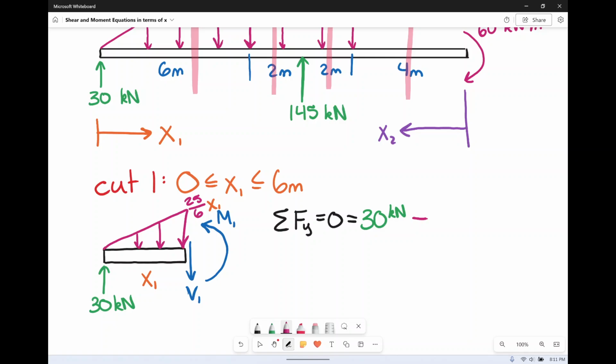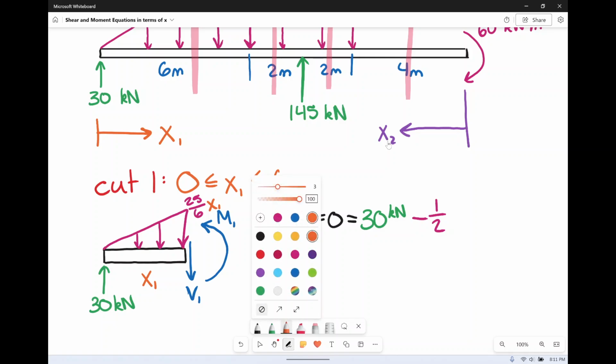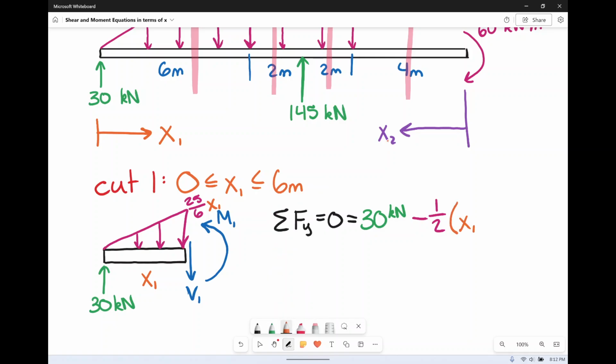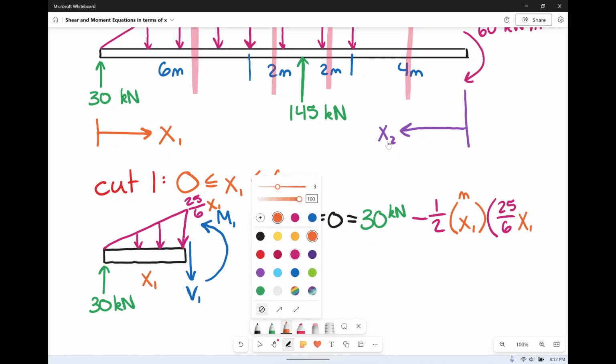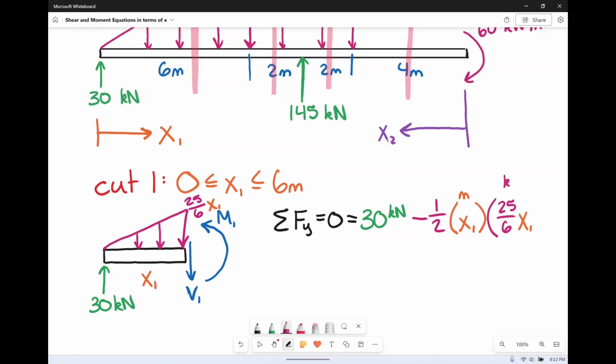So the area of a triangle is 1/2. What's the base? The base of the triangle is just x1. Again, this is in meters, by the way. And the height of this lovely triangle is 25 over 6 times x1. But this is in kilonewtons per meter.